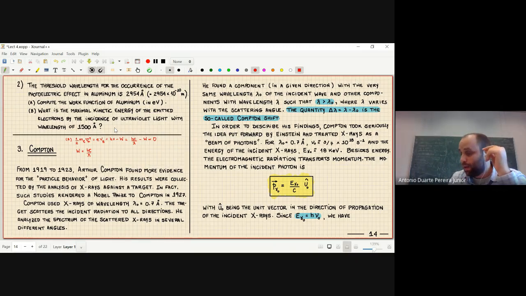Well, you have the value of the wavelength. It is given here in meters. And you also have the value of h, which is just a universal constant, and you also have the value of c.